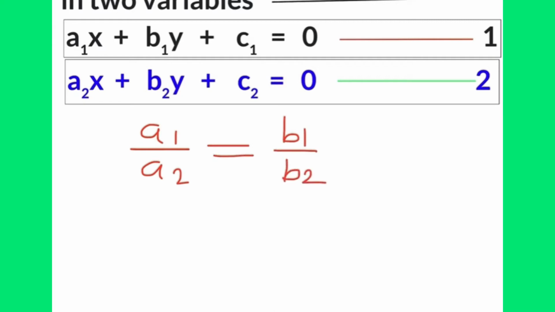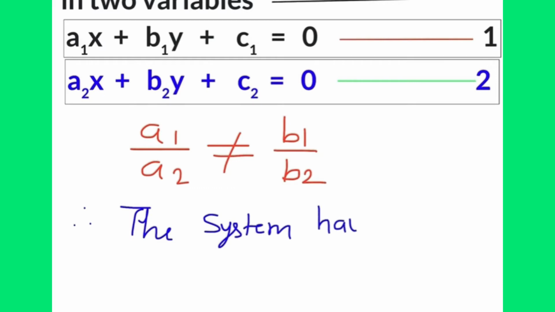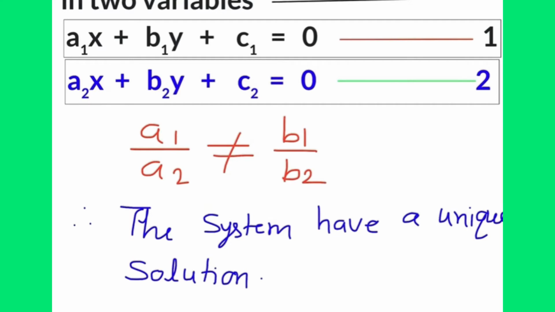If a1 by a2 is not equal to b1 by b2, then we can say that the system has a unique solution. If the system has a unique solution, then we can apply the cross multiplication method.